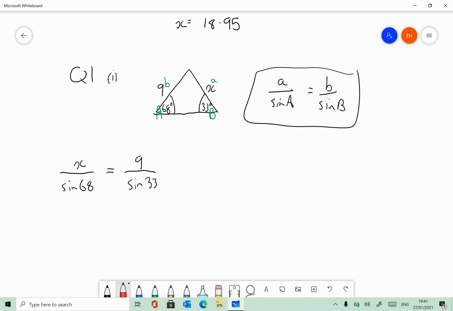So sine 68 is equal to 0.927. And then we have 9, where we have sine 33 is equal to 0.545.